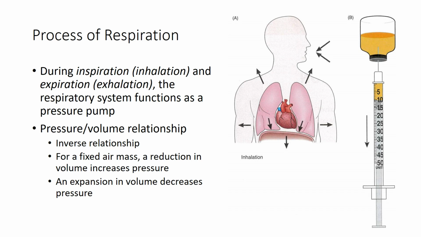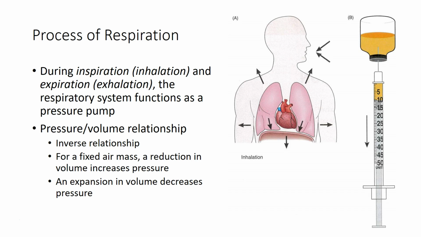Respiration works because of a relationship between pressure and volume in masses of air. This is an inverse relationship such that reducing volume for a fixed mass of air increases pressure, and increasing volume for a fixed mass of air decreases pressure.